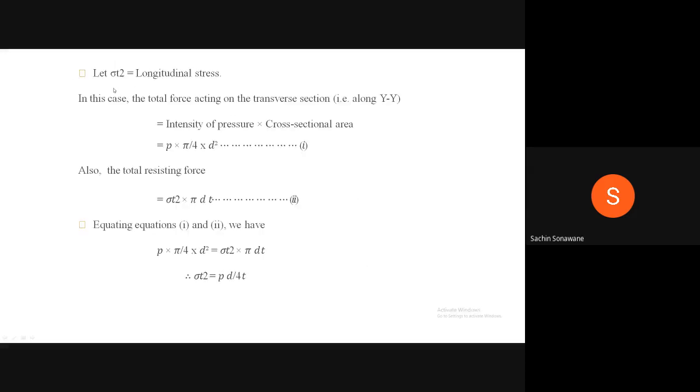Therefore, let sigma T2 be the longitudinal stress. In this case, the total force acting on the transverse section, that is along YY, is equal to the intensity of pressure into cross sectional area, which is equal to P into pi by 4 d square, equation 1. Also, total resisting force is equal to sigma T2 into pi dt, equation 2.